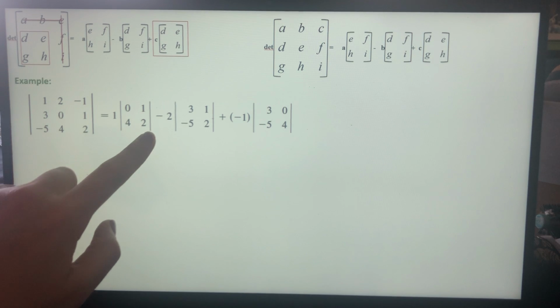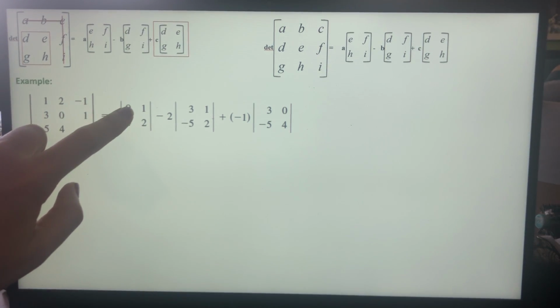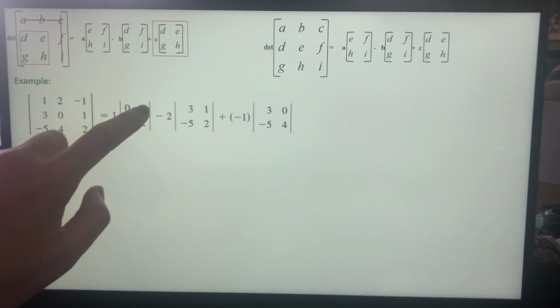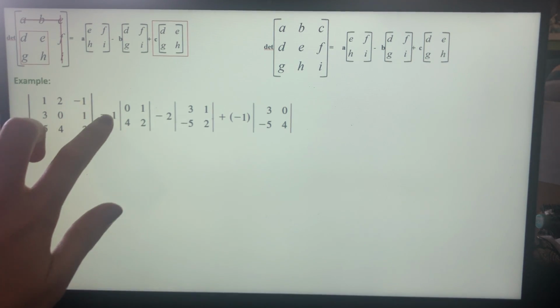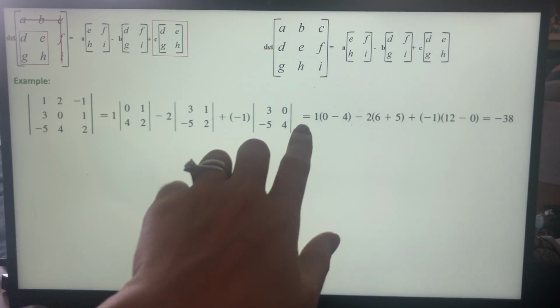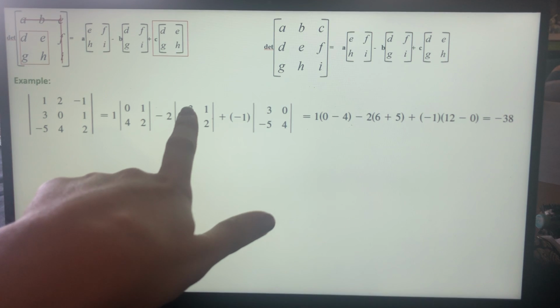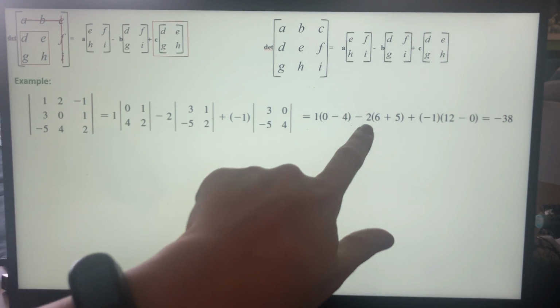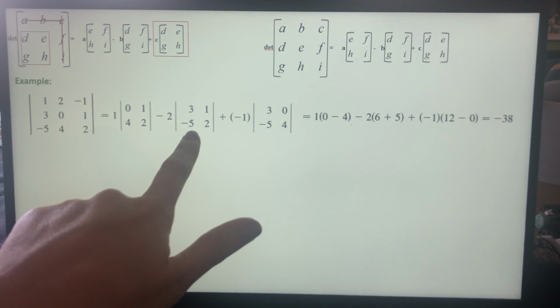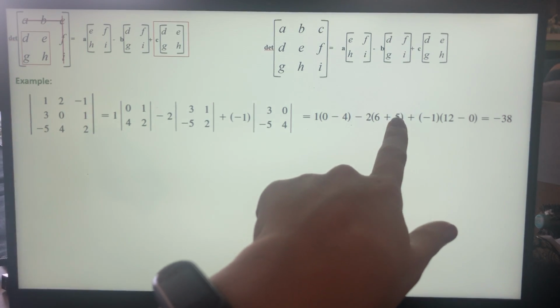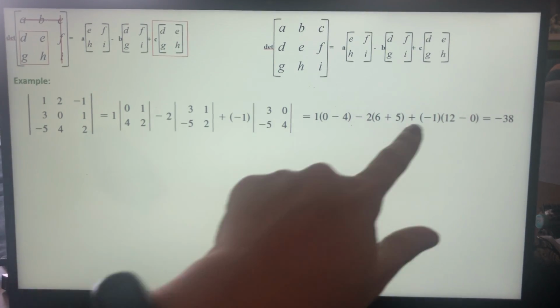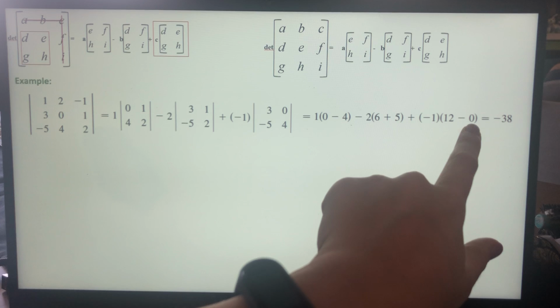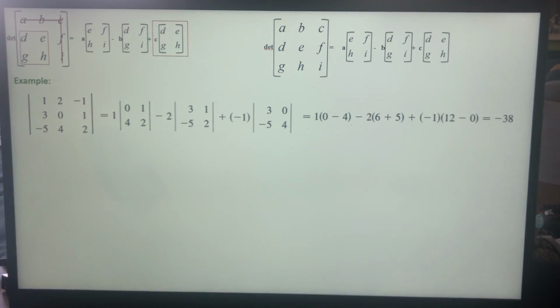The determinant of the first is 0 times 2 minus 4 times 1, which is minus 4, so this is 1 times minus 4. Here 3 times 2 is 6, minus minus 5 times 1, and this will be plus. Then 3 times 4 is 12, minus 0. The result will be minus 38.